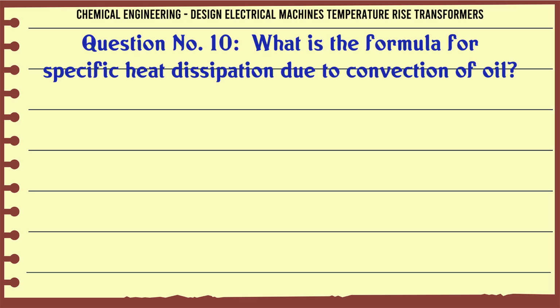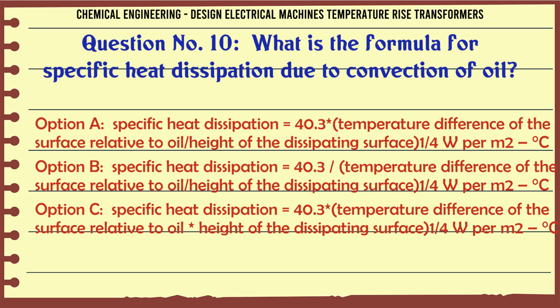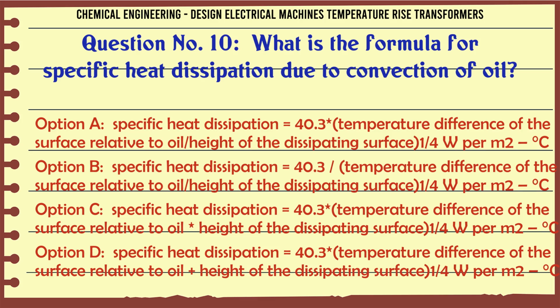What is the formula for specific heat dissipation due to convection of oil? A. Specific heat dissipation = 40.3 × (temperature difference of the surface relative to oil / height of the dissipating surface)^0.25 watts per M2C.